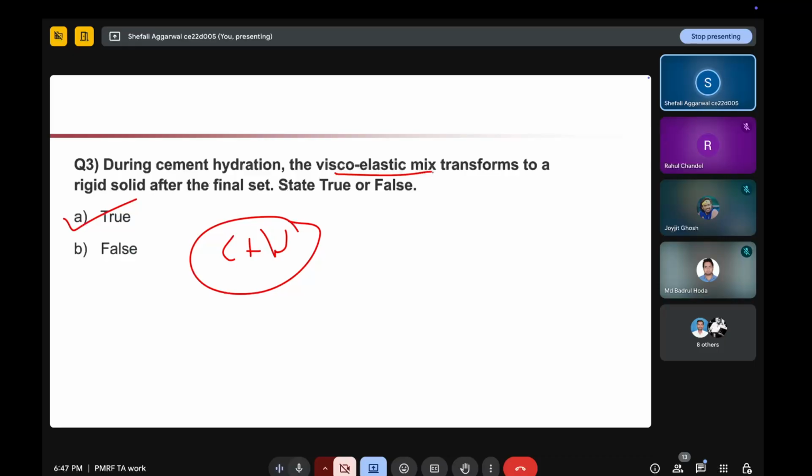If you have taken the modern construction material course, it is clearly shown how cement paste or concrete is a viscoelastic mix, following the Bingham model and all those things. After hydration or after full setting, it will be a rigid solid concrete cement mix, right? So it is a true statement.